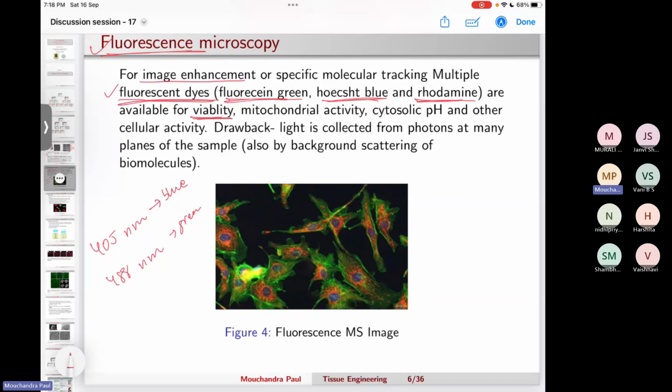Similarly, you can also use this technique to understand mitochondrial activity, the pH of the cytosol, and other cellular activity. But there is one drawback with this technique: the light collected from the photons at many planes of the sample gets merged, because of which the resolution of the image is not that good.